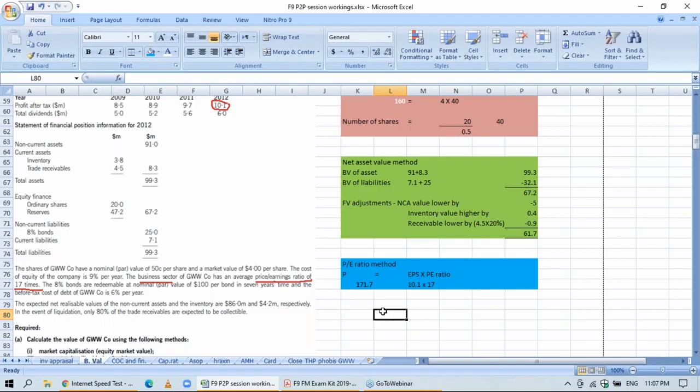Now if you want to know the market capitalization, this is 171.7, and 10.1 was the net profit. If you multiply the EPS by the price earning ratio, you will get the price of one share. But instead of using EPS, I have used net profit so that I get the market value of the whole company together.